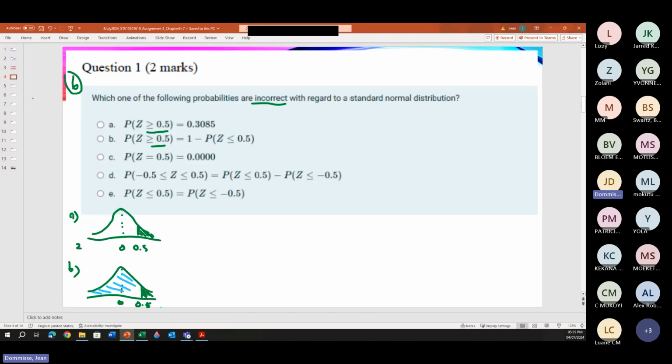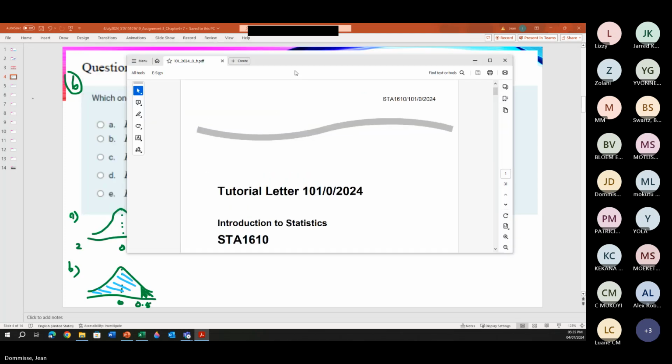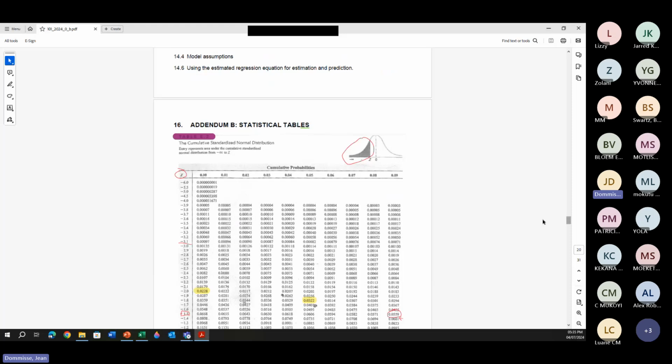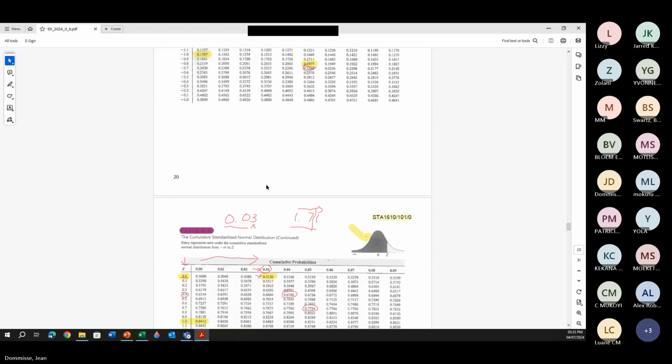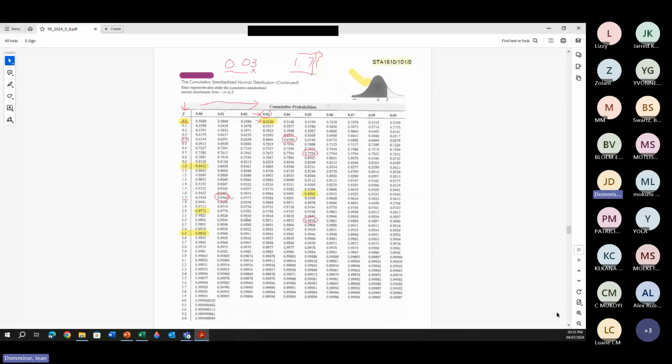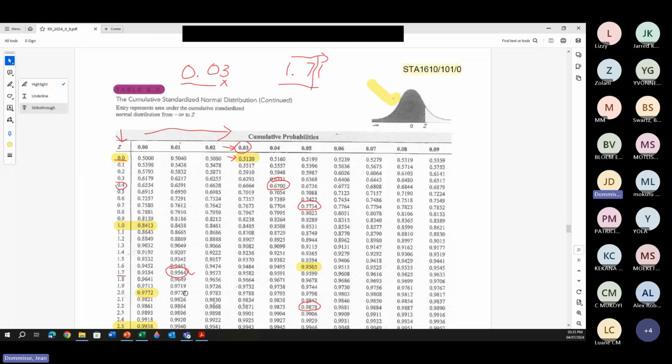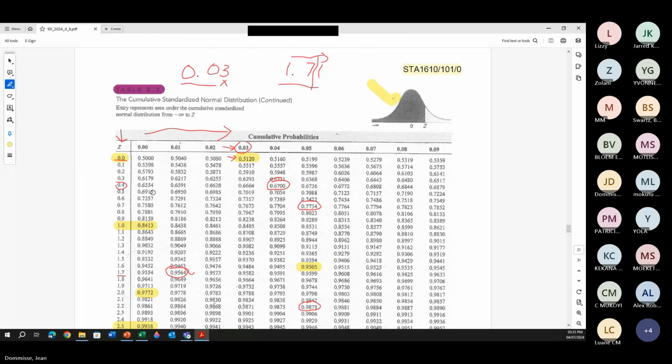Let's go to the positive table of Z 0.5. Let's make it a bit bigger. So Z 0.5, there we have it as 0.6915. Let's write it down.